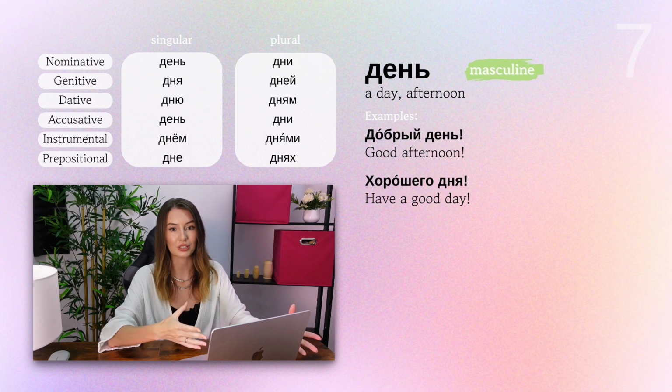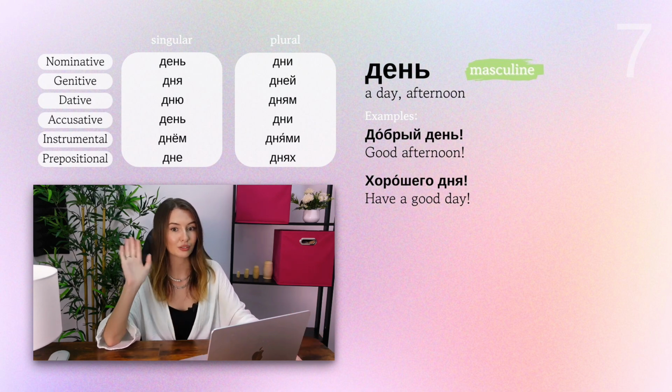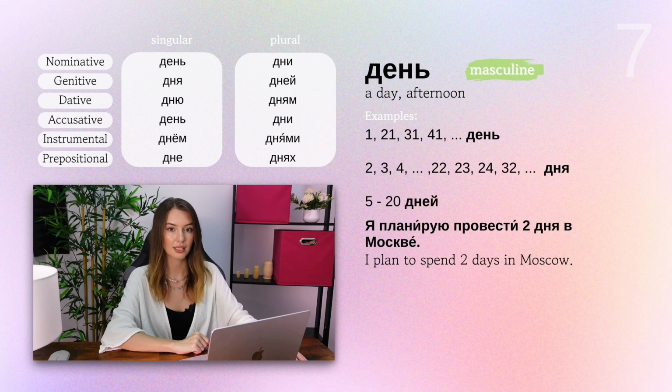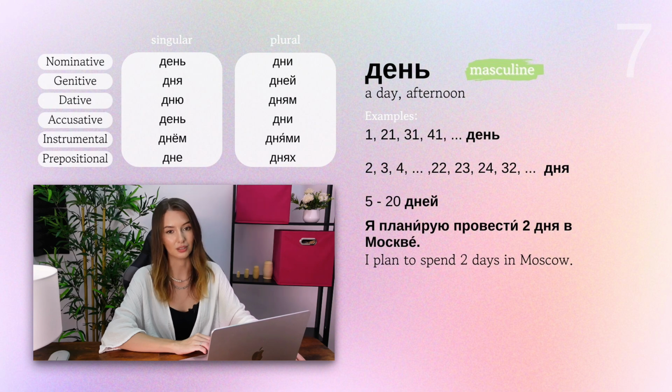At the end of a conversation we say хорошего дня. After numbers we use the following forms of this word. Один день, 2, 3, 4 дня, 5, 20 дней. For example, я планирую провести в Москве 2 дня.